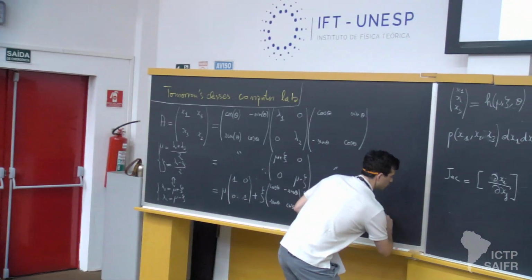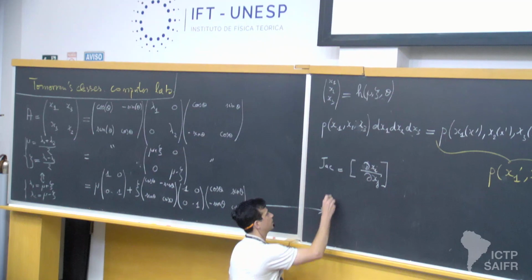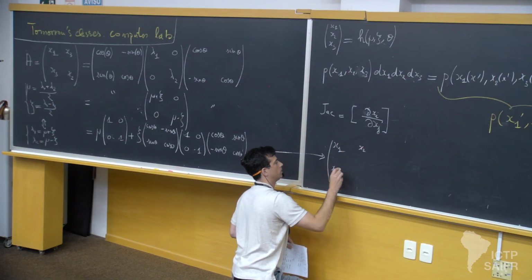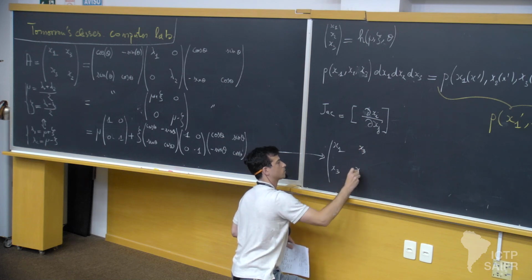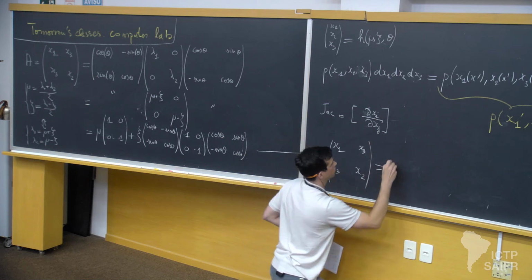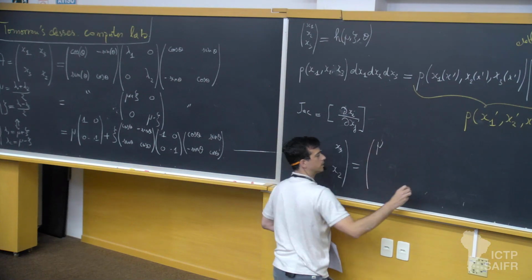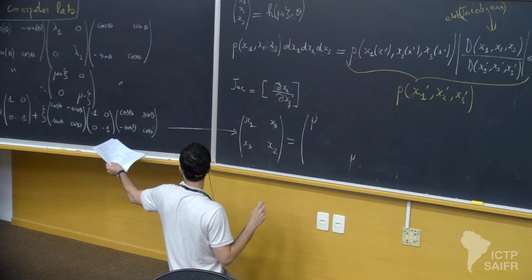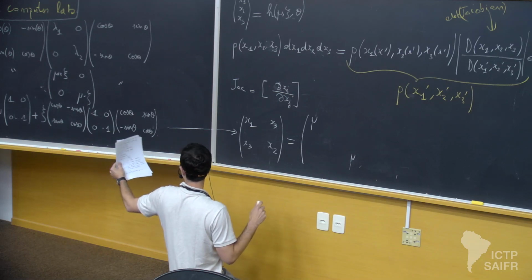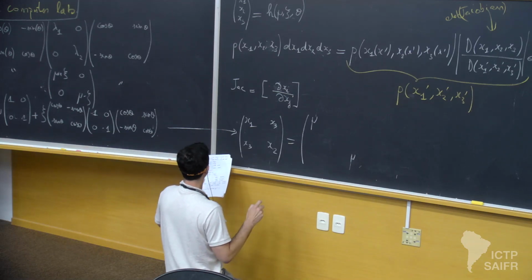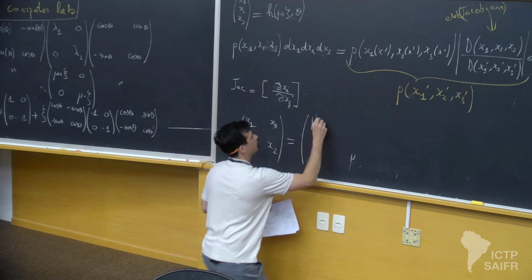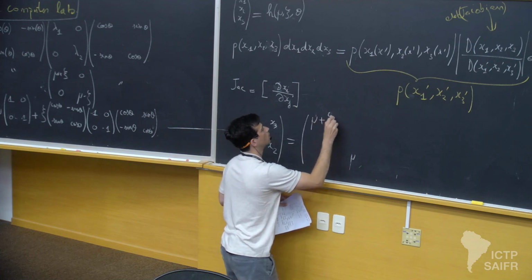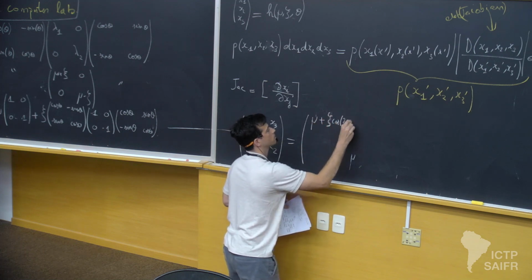So what I have from there is x1, x2, x3. I get mu here, of course. And if you make this product, you'll see that you get mu plus psi cosine 2 theta.